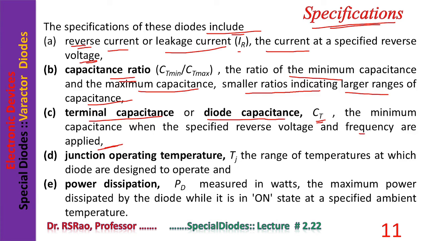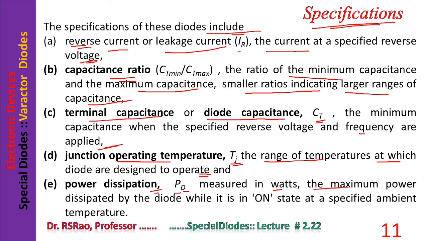Another specification is junction operating temperature, TJ. The range of temperatures at which diodes are designed to operate. Power dissipation, PD, measured in watts.